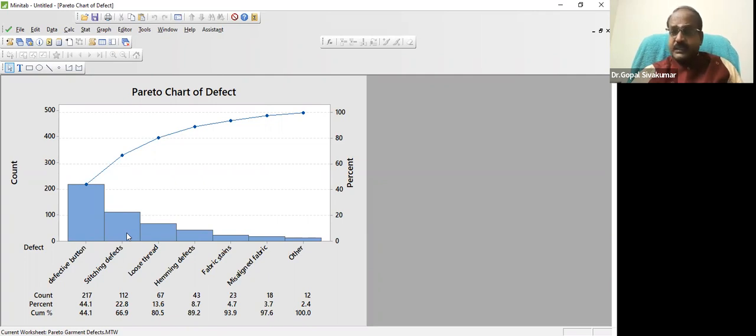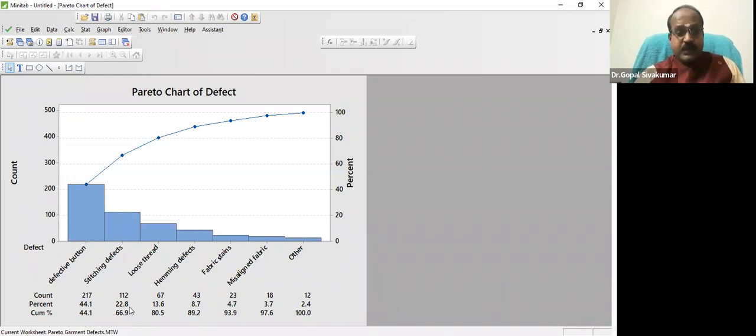As far as the stitching defect is concerned, the count observed is 112. The 112 in comparison to 492 is 22%.